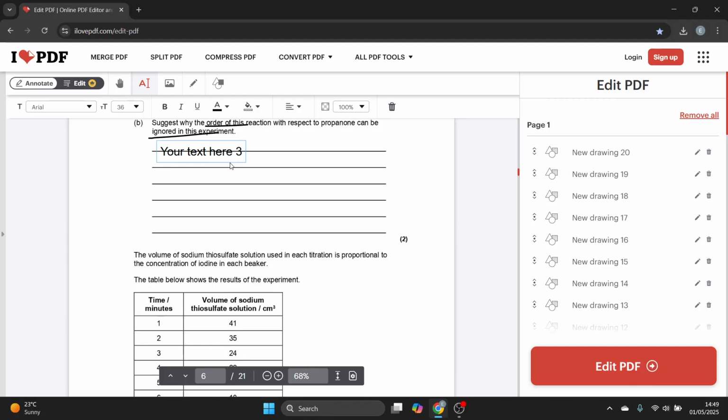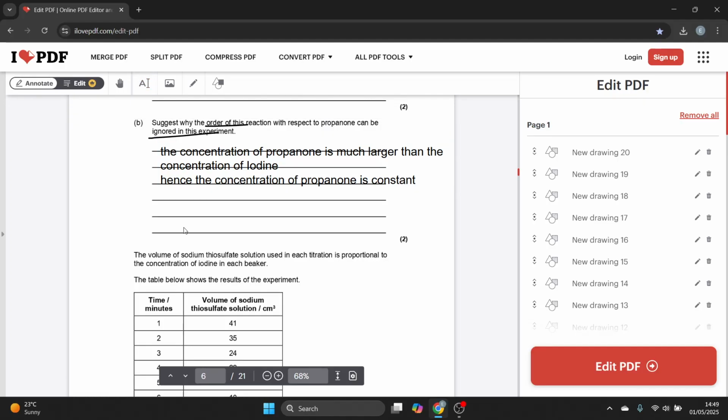Okay, so that's the reason, because the concentration of propanone is much larger than the concentration of iodine, hence the concentration of propanone is constant.